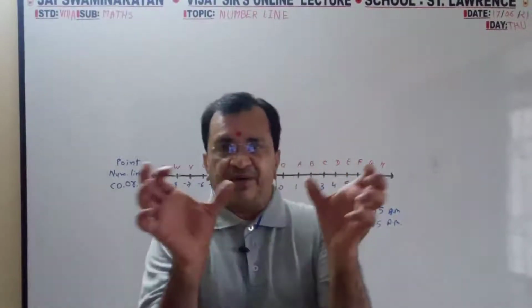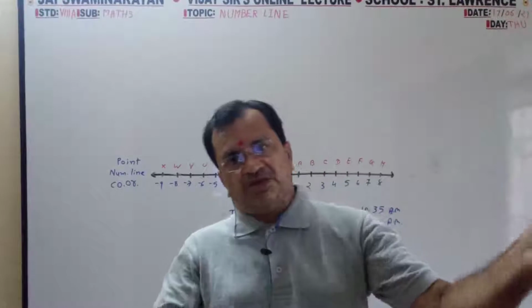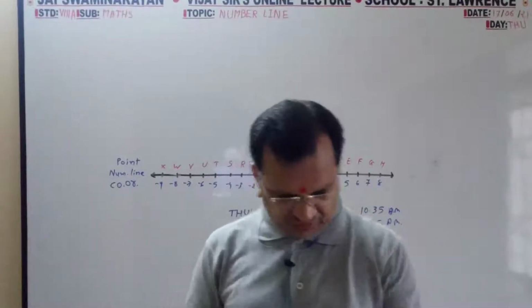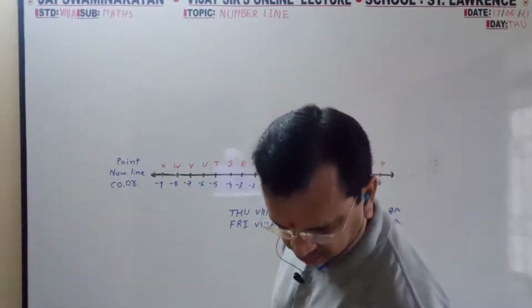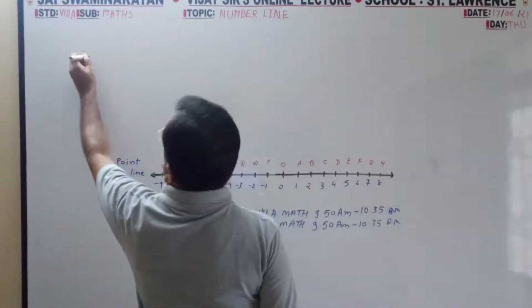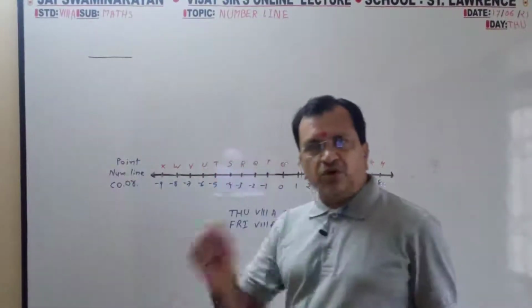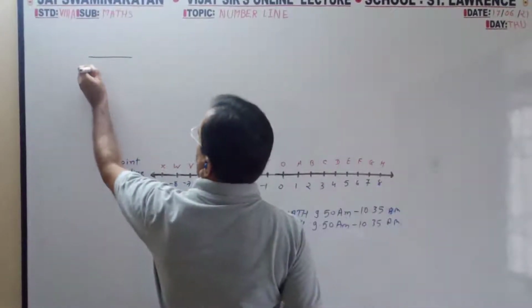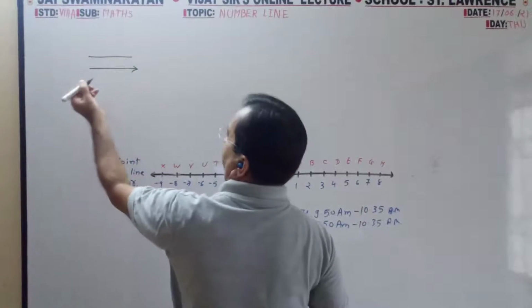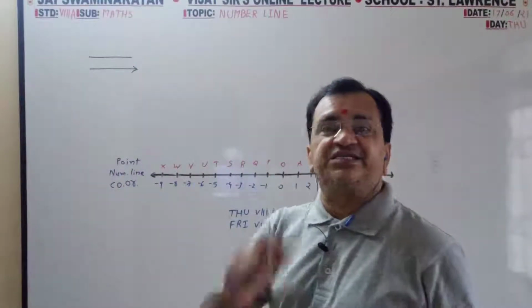Number line. It is made up of two words, number and line. First of all, what is a line? If it is limited at both ends, then it is a segment. One side limited, one side unlimited, that is a ray.